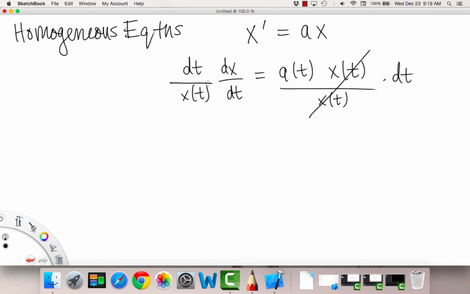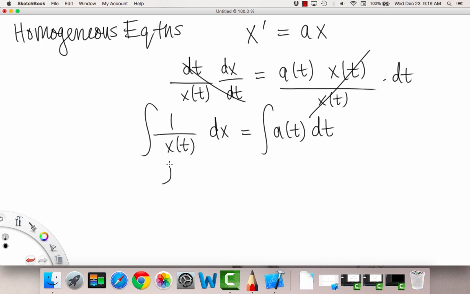So these x of t's cancel out, as do the dt's. So we get 1 over x of t dx is equal to a of t dt, alrighty? And then here we would just integrate, all right, and we get ln of whatever our x of t is, okay, and then we have the integral of a of t dt.